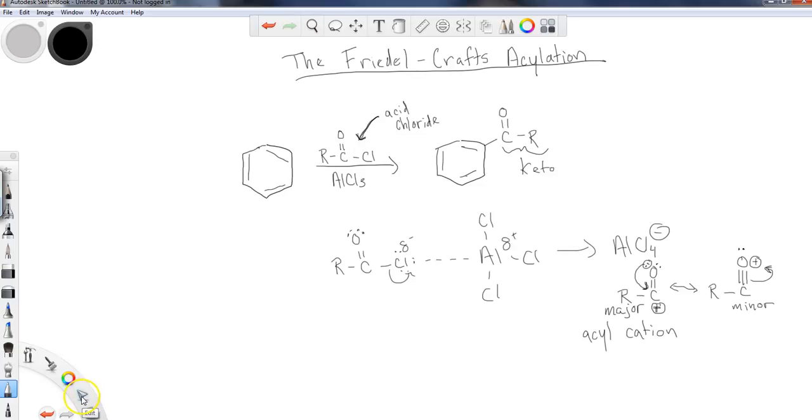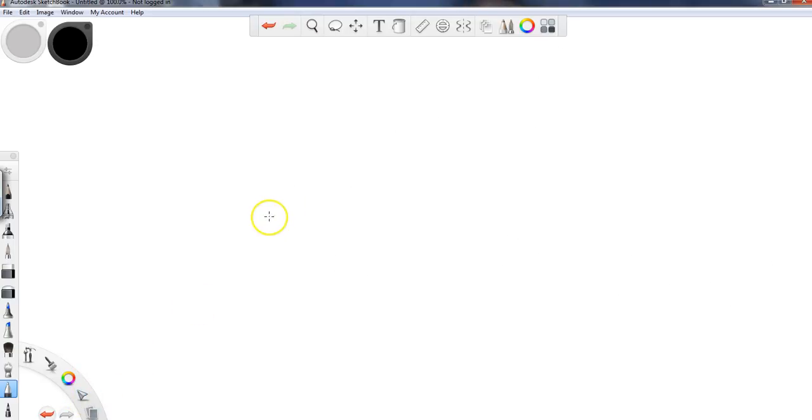So, if we want to consider how this is going to work from an aromatic reaction perspective, we're going to have our aromatic ring. We will have the acid chloride. We're going to take a look at the mechanism here.